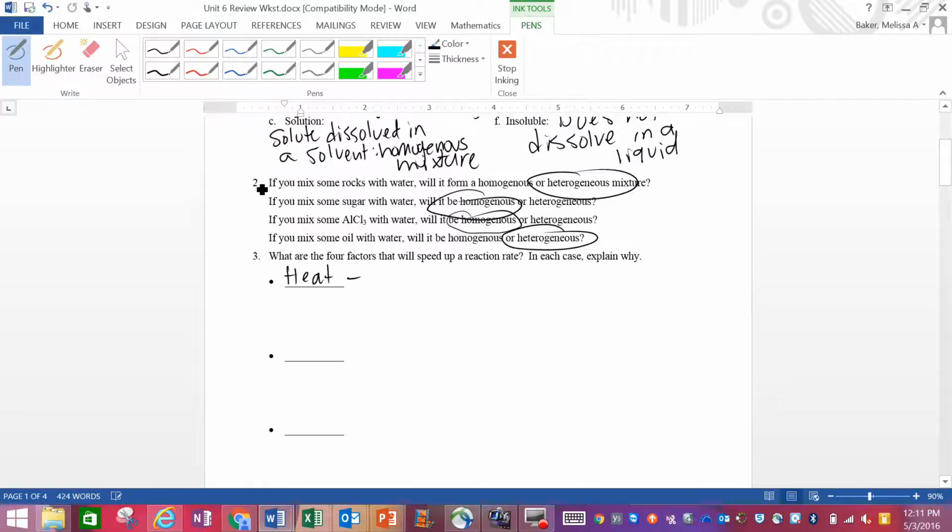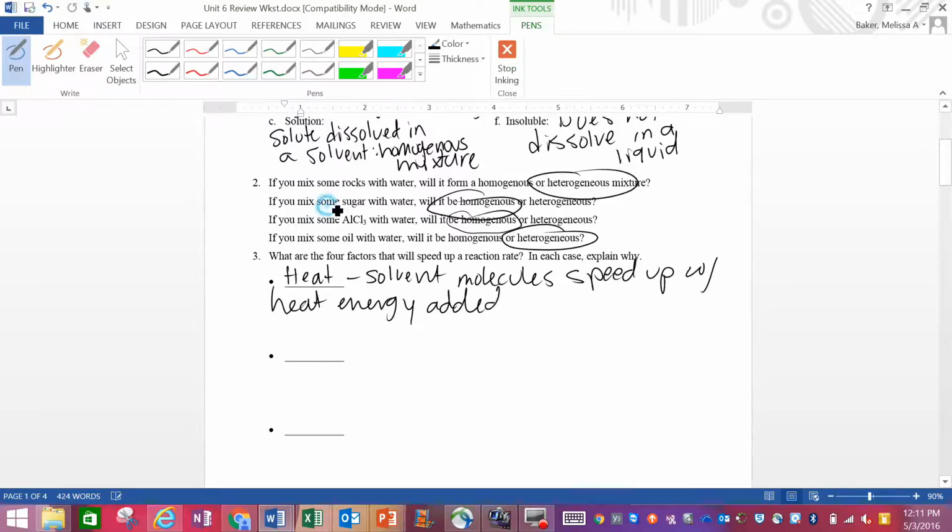What are 4 factors that speed up a reaction and why? 1 is heat, and that's because the solvent molecules speed up with heat, energy added. And they collide with the solute more often and with more force.